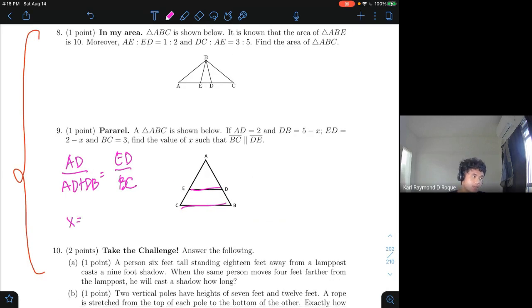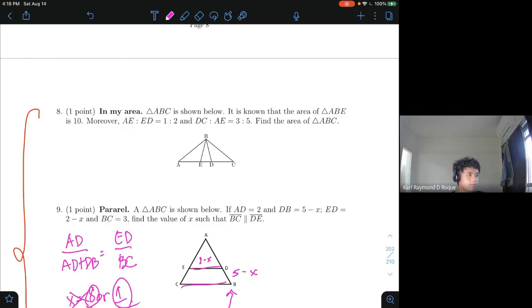Solve for x, you will get 8 or 1. Kaya lang, mapapansin nyo, yung ED, 2 minus x, yung DB, 5 minus x. Pag pinasok nyo dyan, magiging negative yung x. Magiging negative yung side, so bawal si 8. So, 1 lang.